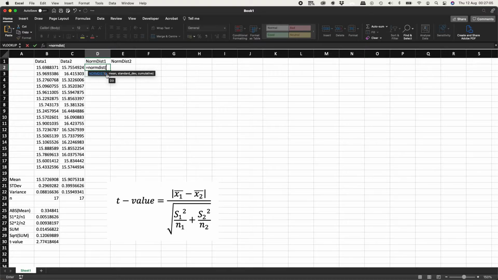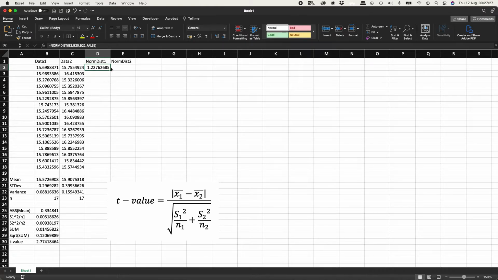The first thing it asks us for is the x, which is the value that we are going to be using as our base. Then we also consider the mean and the standard deviation. Is it cumulative? No, so we put false.